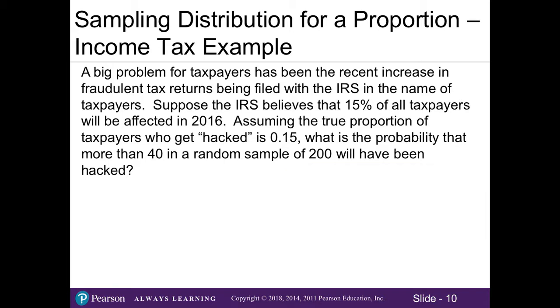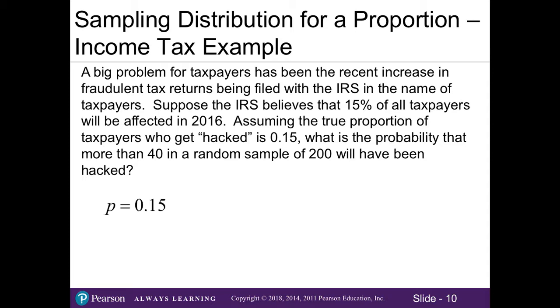Our population proportion is given to us again in the very next statement, assuming that the true proportion of taxpayers who get hacked is 0.15. And remember that 0.15 and 15% mean the same thing. They're just in different formats. Whenever you see in the word problem, if it's in a percentage, you'll want to convert it into decimal format in order to work with our formulas.